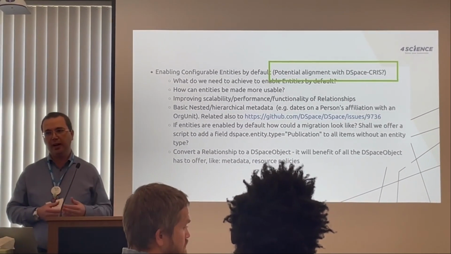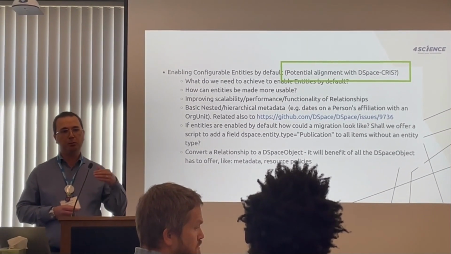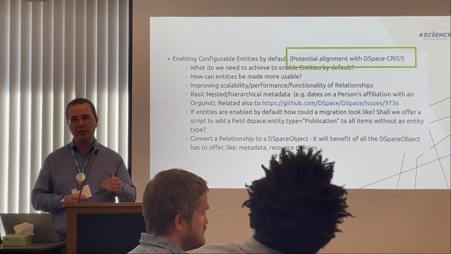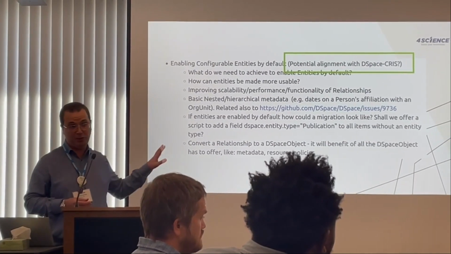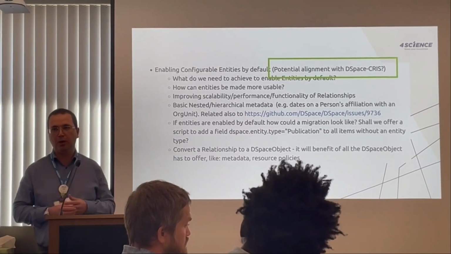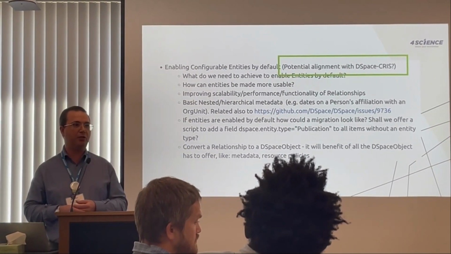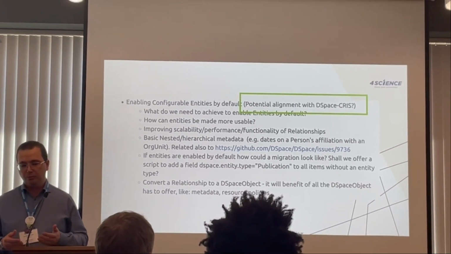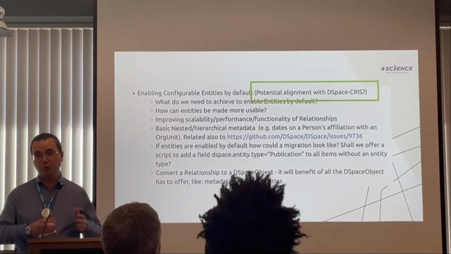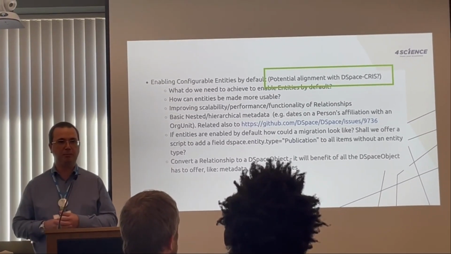But the more we move ahead, the more we find that to build advanced functionality, we need configurable entities. You already heard that all the new features that were presented require configurable entities, ORCID synchronization requires configurable entities, and so on. So one question for the community is, should we enable configurable entities by default?